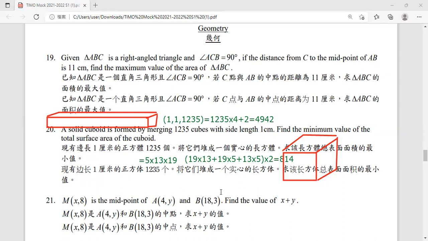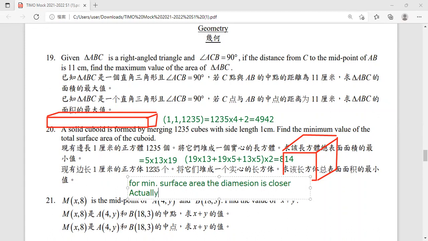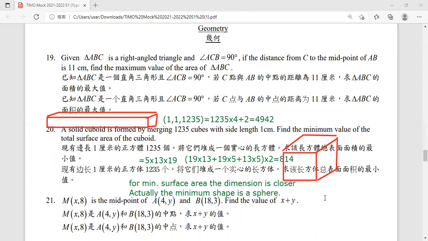So you'll find the way is that the dimensions are closer, as close as possible, like a sphere.